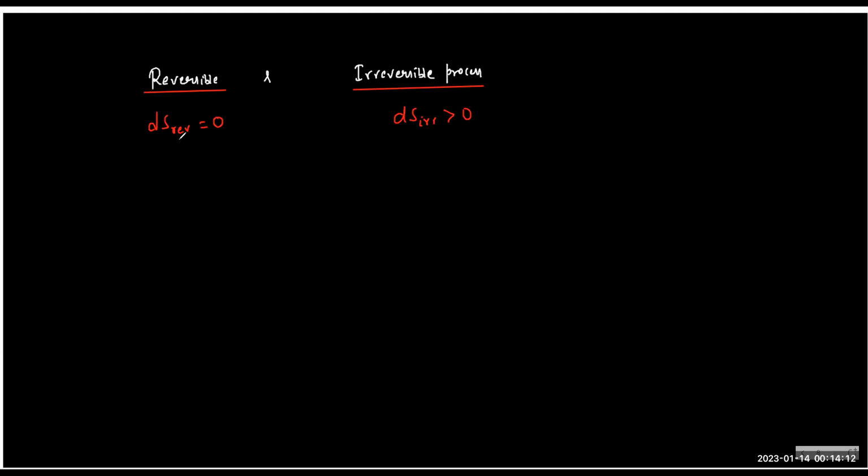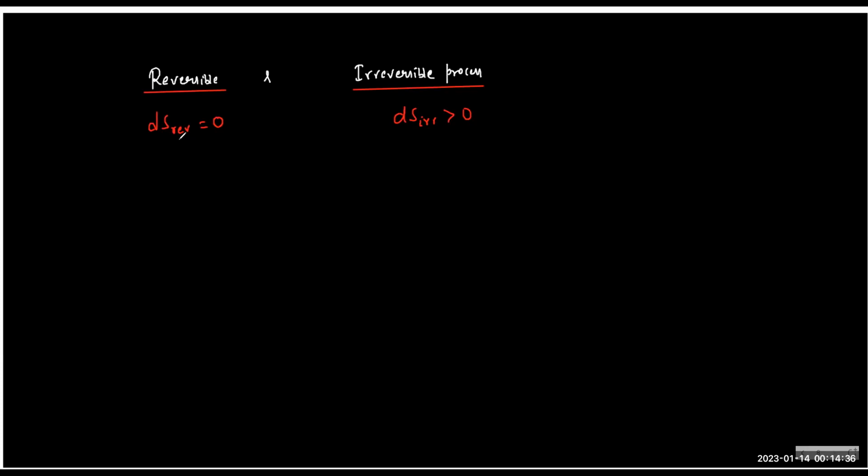So a process is said to be reversible if the entropy change is zero. And the system here means the system and surrounding, both, not the system only. A reversible process means the interacting system is taken into consideration as one system, and there we write the equation.